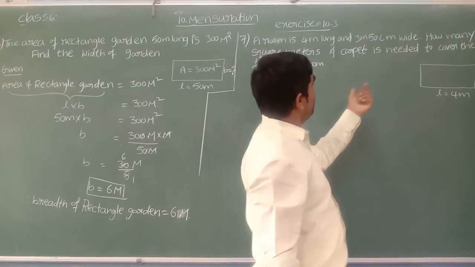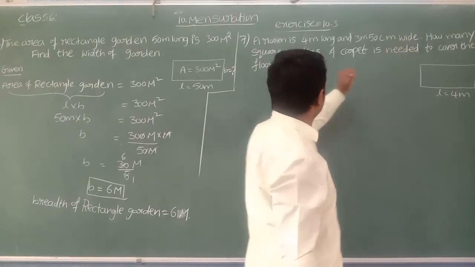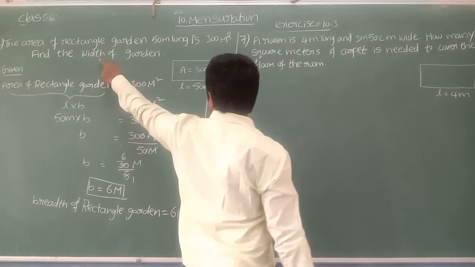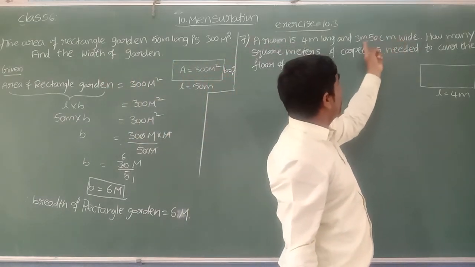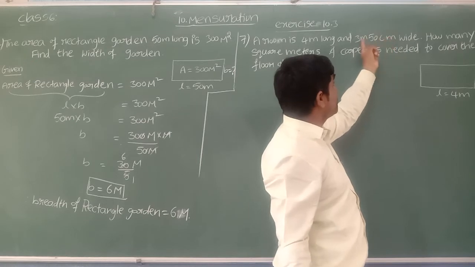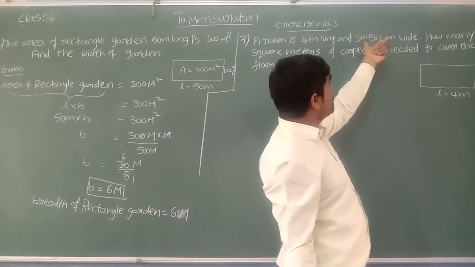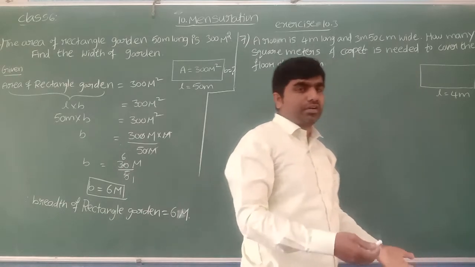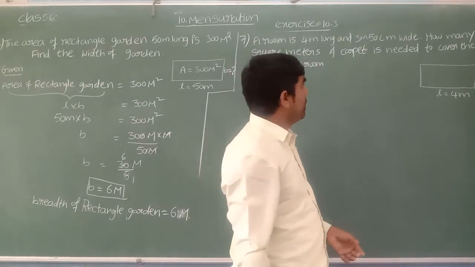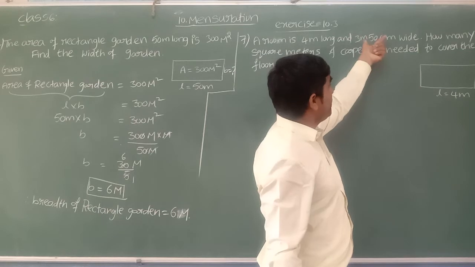What is the breadth? Wide, width, breadth, all the same. What is the width he gave? 3 meters 50 centimeters. Two different units. Now we will convert both into meters. Generally we can convert into either centimeters or meters, but here we should convert into meters.